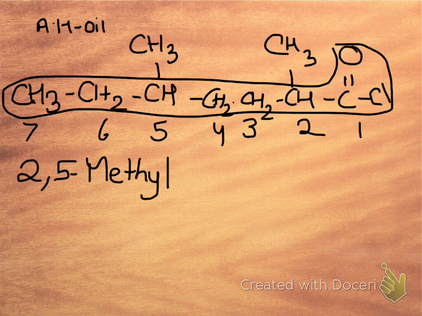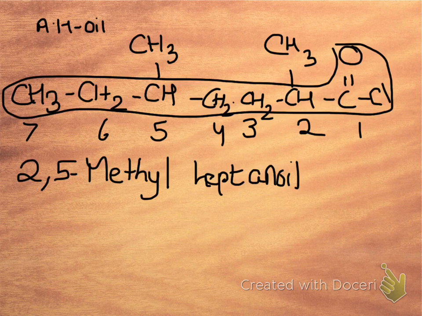Then how many atoms are there? 7. So hept. Then everything is a single bond. This should not be counted as a double bond, but because they are all the same carbon, this will be counted as a single bond. So hept and oyl, because E is removed as it's starting with a consonant.